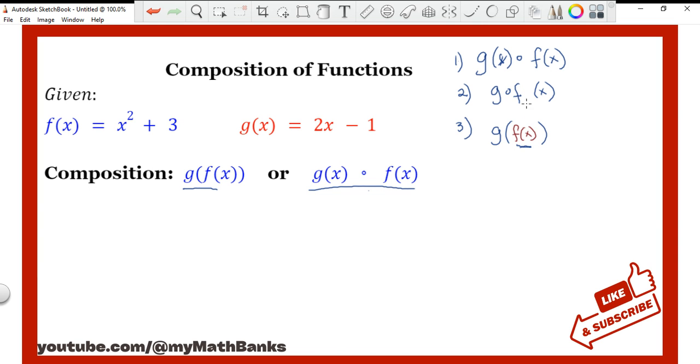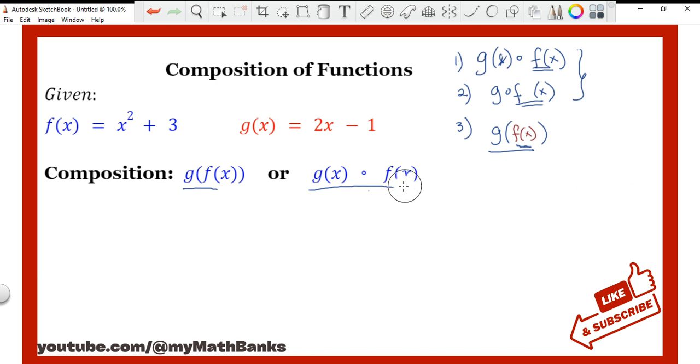In this case, the f is your inside function. So whichever is the function that's written last, that is the inside function if it's in these two types of format. If it's in this format, it's obvious that f of x is the inside function.